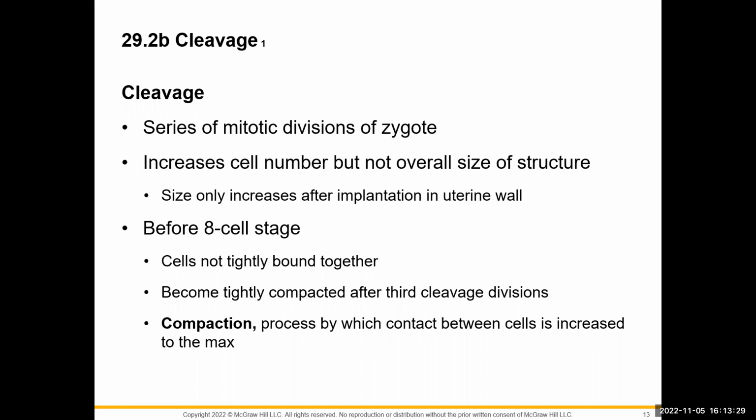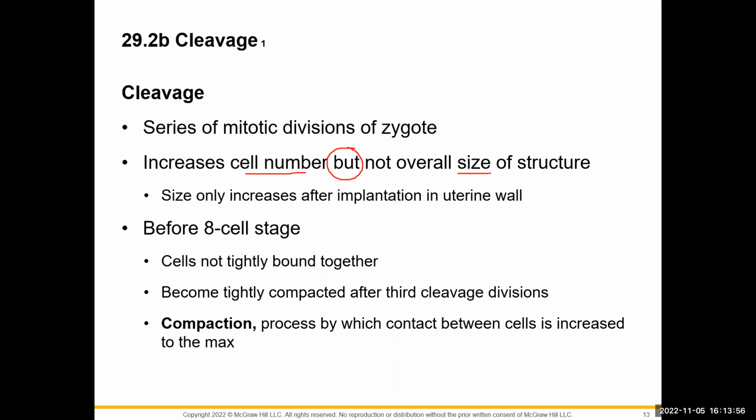An important concept to understand during this cleavage period is that we get an increase in the cell number, but not in the cell size. Number increases, but not the size of the zygote itself.